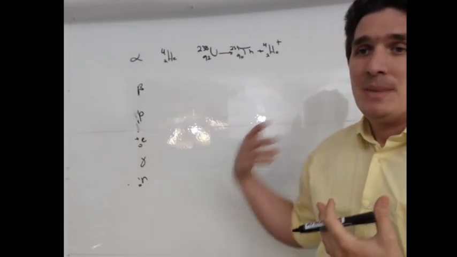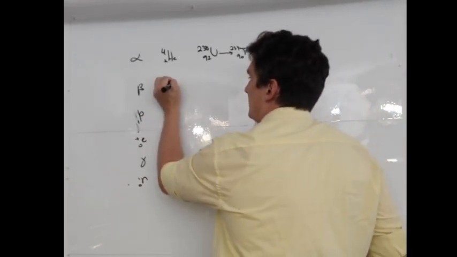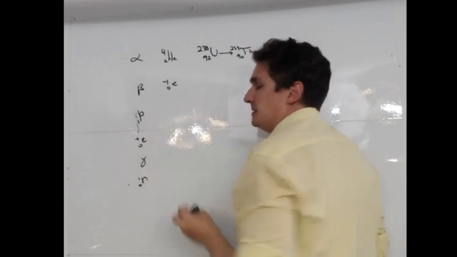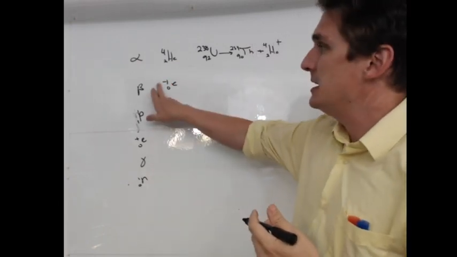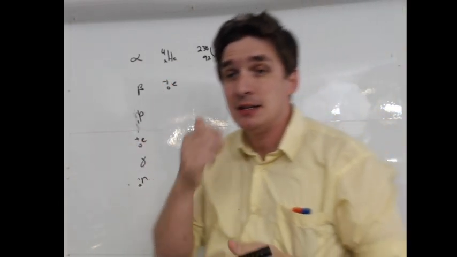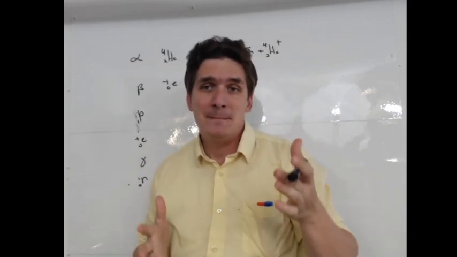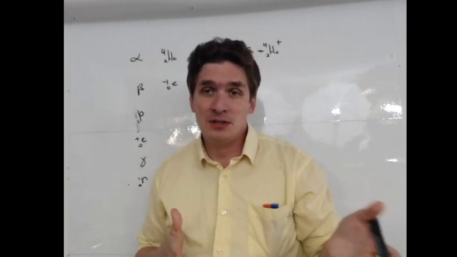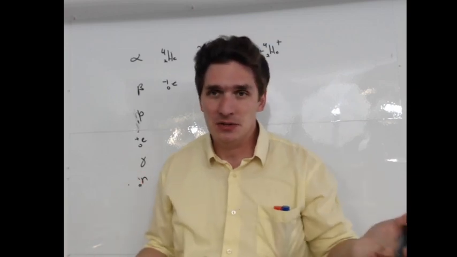Second pathway, beta decay, is really an electron. And the way we write the electron is that it has a -1 charge and a 0 mass. Now, electrons really aren't 0, but relative to the mass of a proton or a nucleus, it's effectively 0.